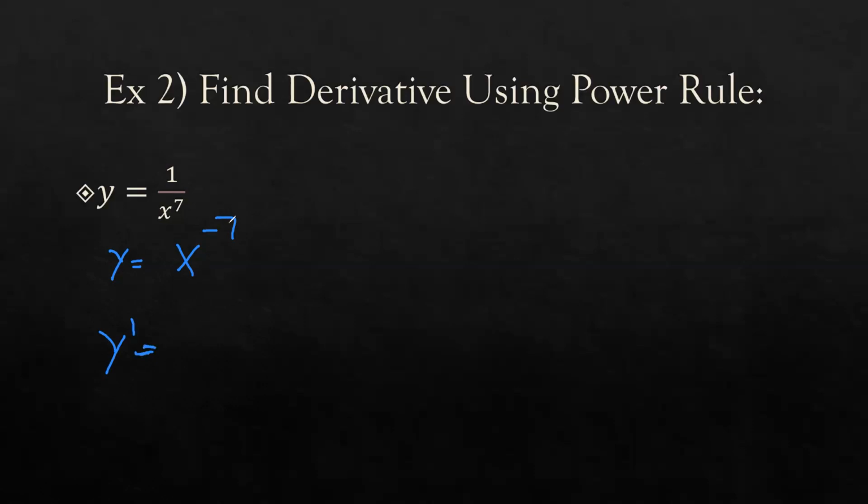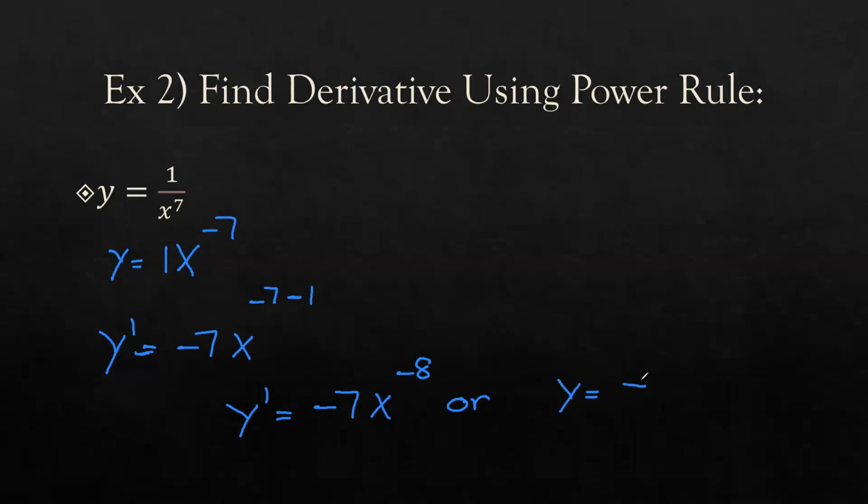It's going to be the coefficient times the power. This does have a coefficient of 1. So 1 times negative 7 is negative 7x. And then the new power is going to be the old minus 1. So you get y prime equals negative 7x to the negative 8. Now you can stop here, or you can write it as a positive power.